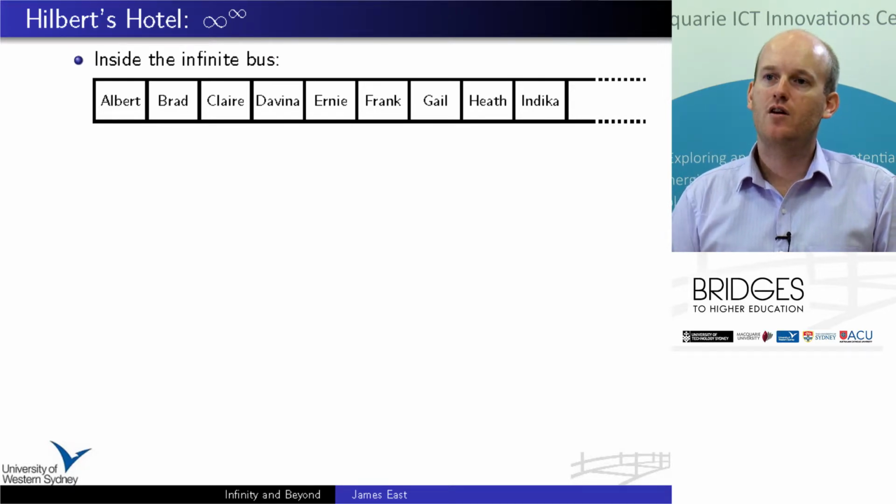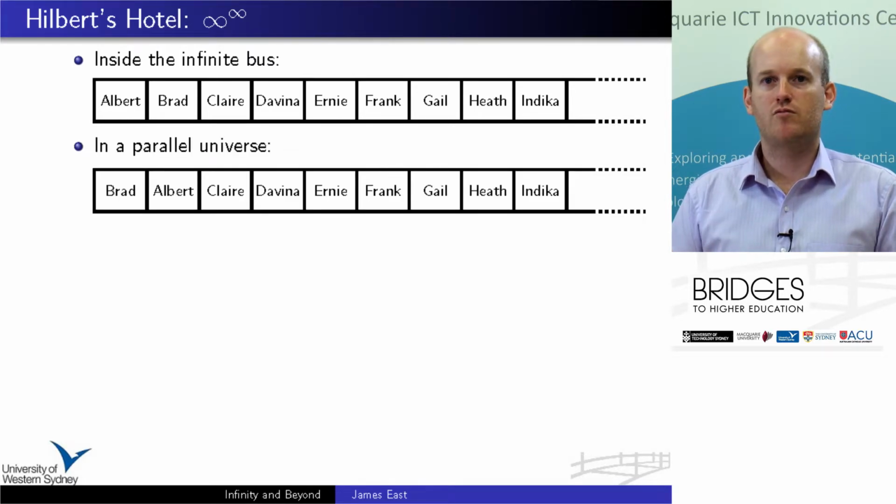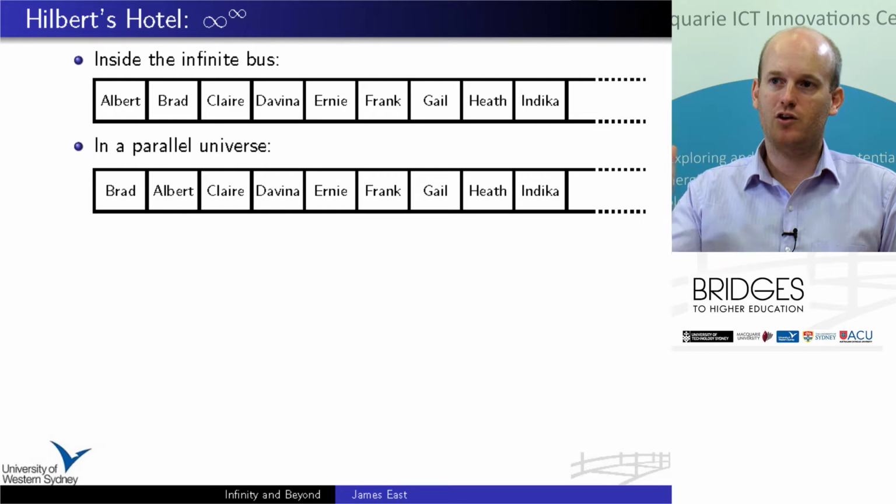Now, imagine a parallel universe or an alternate version of reality, where you woke up today, everything was the same, but instead of having cornflakes, you had rice bubbles. Okay. And imagine in a parallel universe, the same people got up in the morning, got onto the infinite bus, but Albert and Brad just decided to swap seats. That's the only difference. Okay, then it keeps going Claire, Davina, Ernie, and so on.